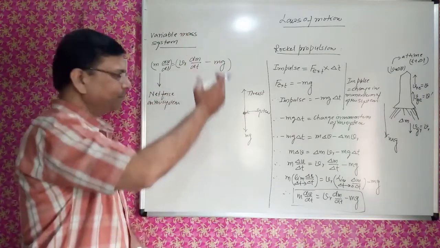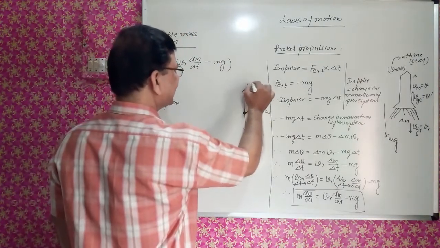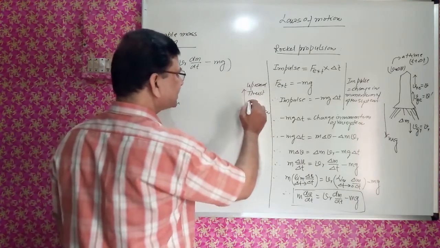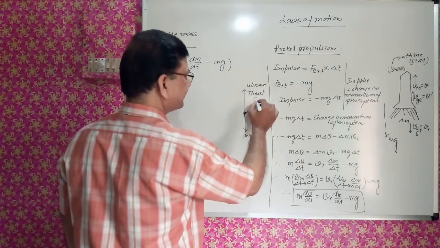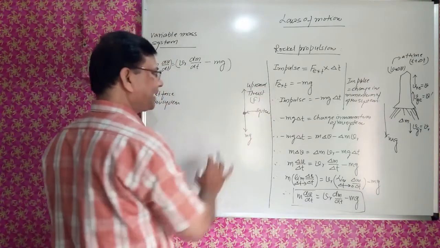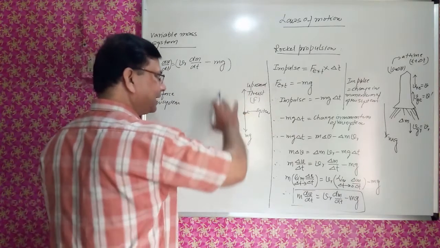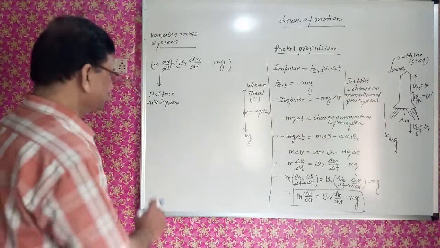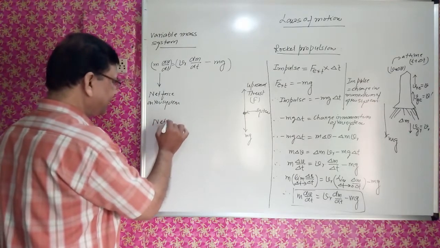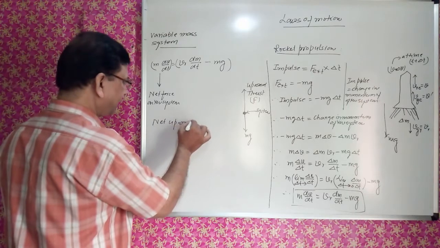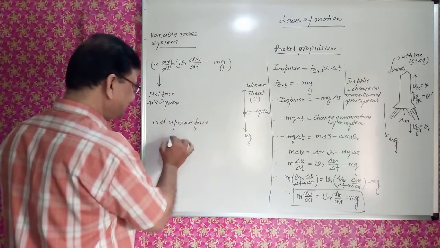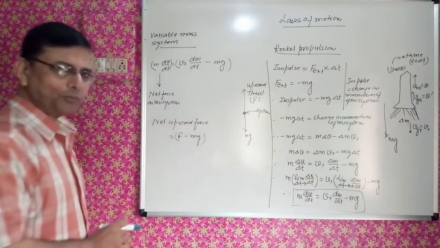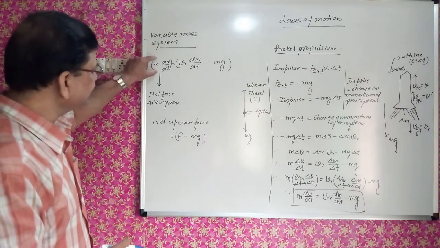So upward thrust and mg downward. Suppose I say the upward thrust is F. So the net upward force will be F minus mg, right?